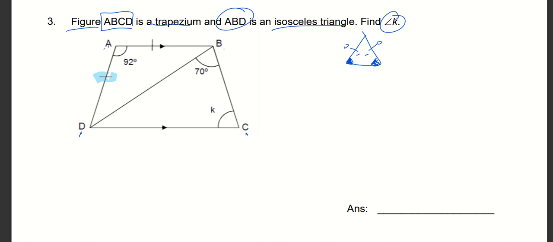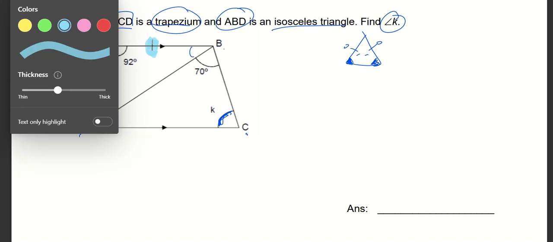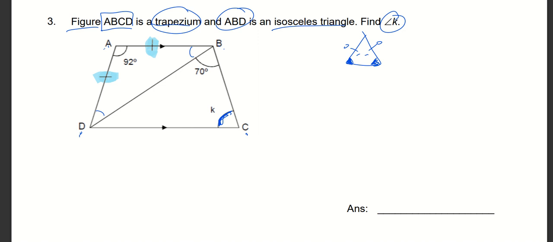So here the markings for the isosceles triangle, meaning that these two angles will be the same. So to find ultimately angle K, I'll be relying on the property of the trapezium, which requires the property of sum of angles between these parallel lines, right? Because of the trapezium.